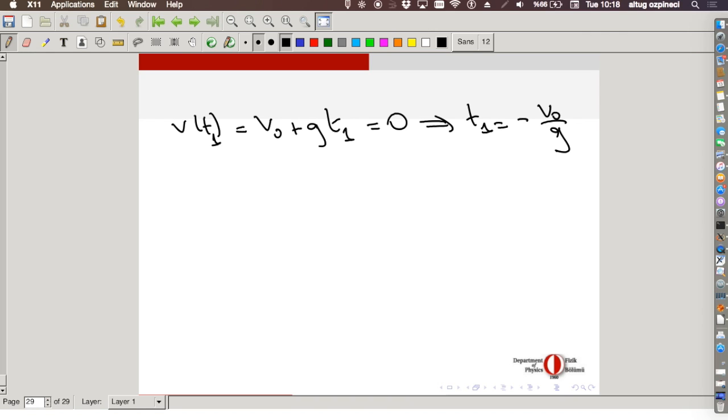Now this is the point when, okay, we throw it up, we said that it is slowing down, and at this time, it will just stop. Now after this time, what will happen? It still has an acceleration. Its speed is 0, its velocity is 0. It will speed up downwards. So it went up, it will stop over here, and then it will start speeding downward. Throughout this process, it is always accelerating downwards.